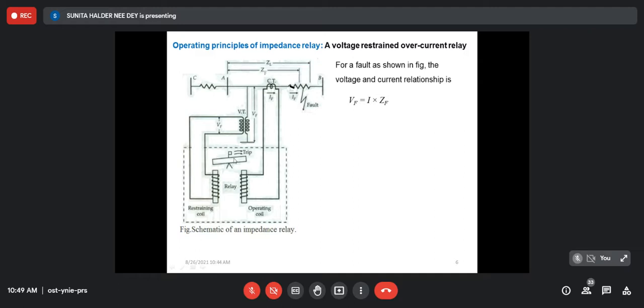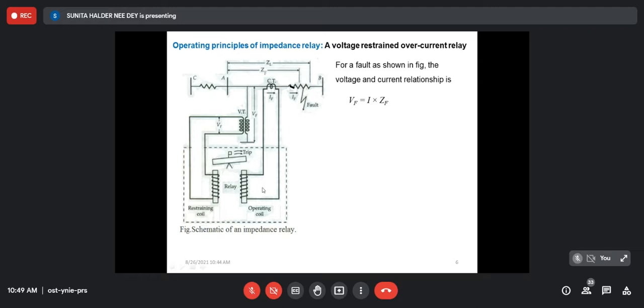Spring is providing controlling torque under normal condition, under rest condition. And when the relay tends to operate, it has to overcome the controlling torque of the spring as well as the restraining torque provided, if any. In this case, restraining torque is provided by the voltage, then it will operate.